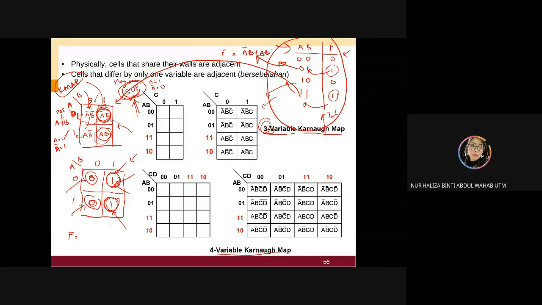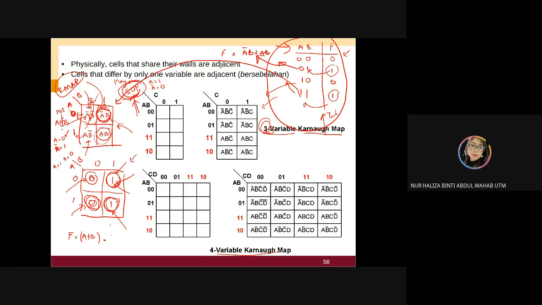And POS is adding, isn't it? A sum, not a multiplication like this. So at this part, it's going to be A plus B. And the other 0 here is where A is 1 and B is 0.